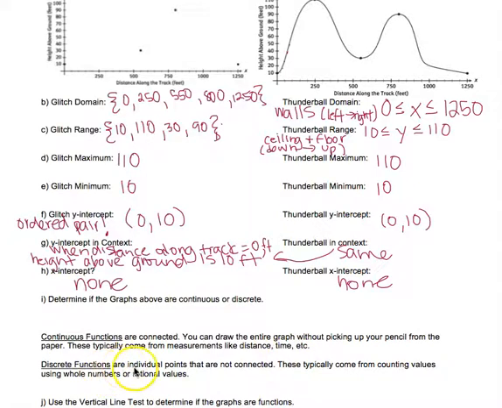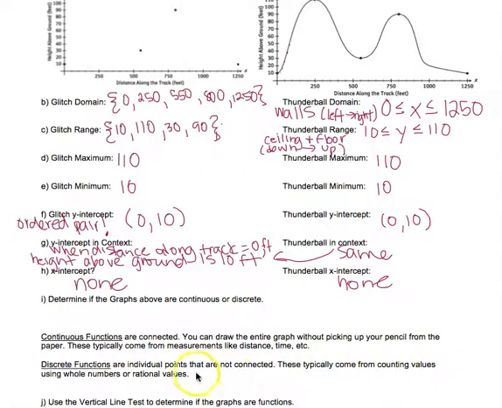Discrete functions are individual points that are not connected. These typically come from counting values where we're only using maybe whole numbers or only using rational numbers. But discrete functions are where we have just an individual collection of points. Continuous functions, we're going to have connection, either with curves or lines, or some curves and some lines, but there is a connectedness. You could start at the very beginning with your pencil, trace the whole thing without ever picking it up.